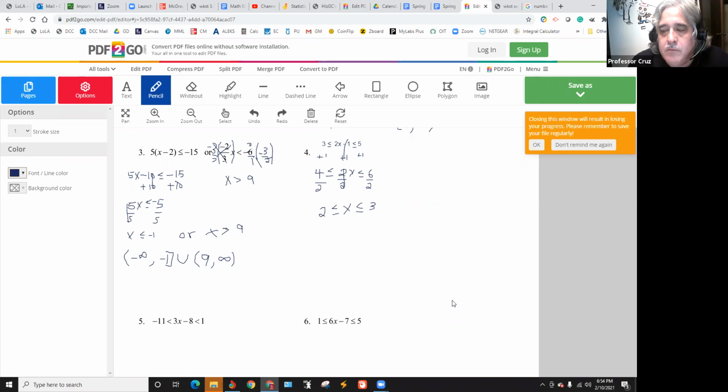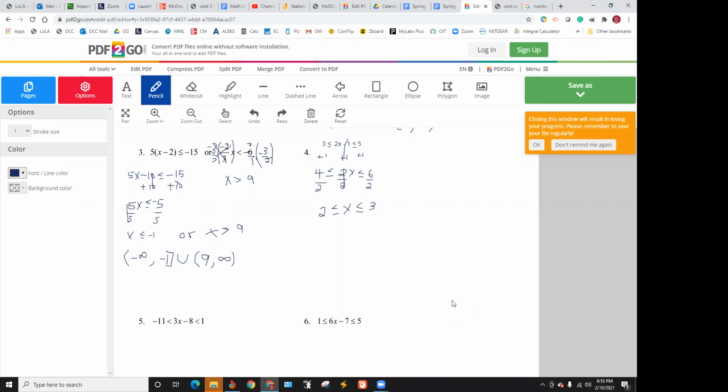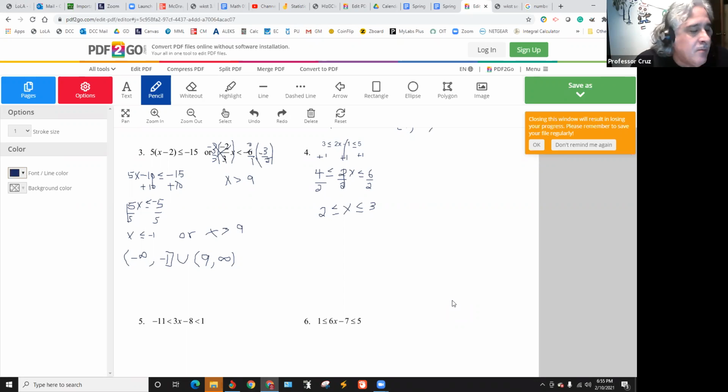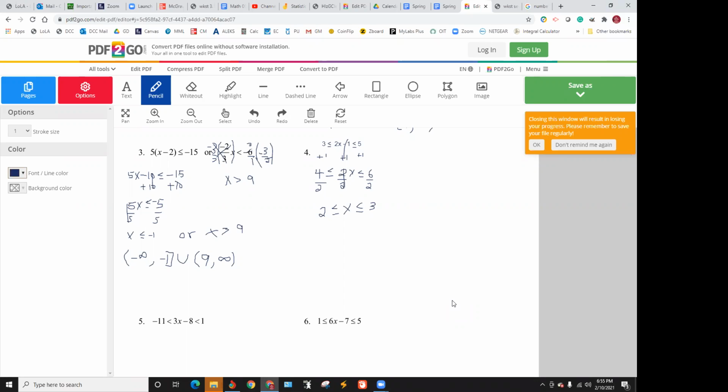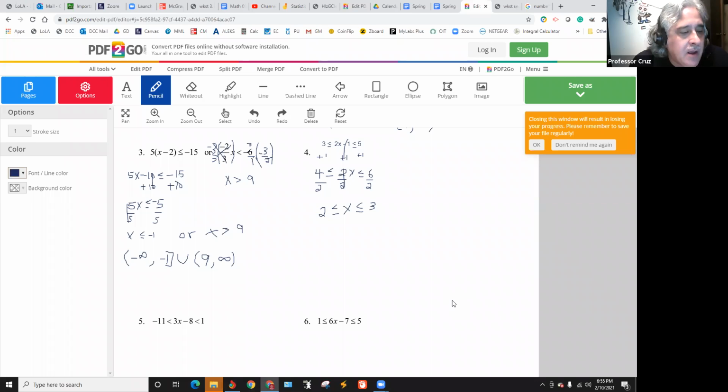Where at? You did all of them, like 4 over 2? Right. So what's the number in front of the x? 2. Okay, gotcha. I'm doing the same thing, except I'm doing it for an additional part. I'm trying to make the center be x. So that determines what number I'm going to divide by. And so I have to do it on 2 sides now. Okay.